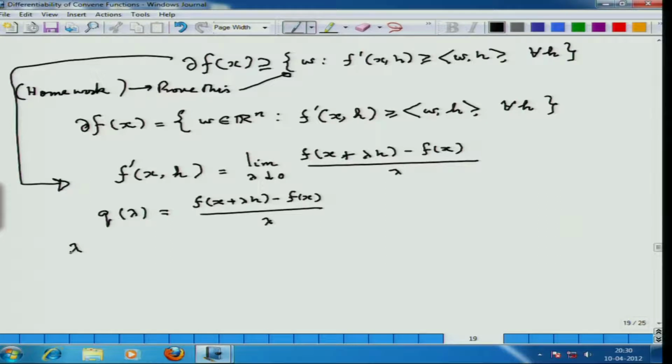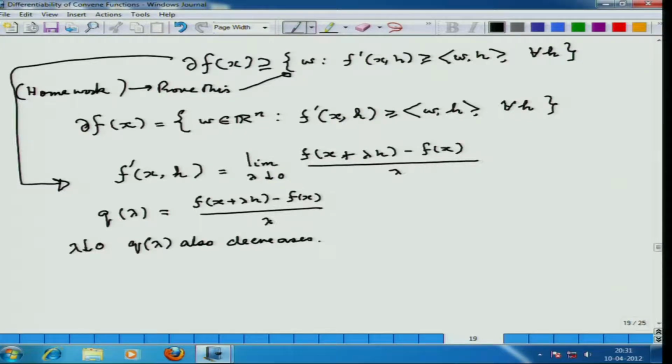As lambda decreases, as lambda goes to 0, q lambda also decreases. And then the limit of q lambda should be the lower bound of q lambda as lambda goes to 0.